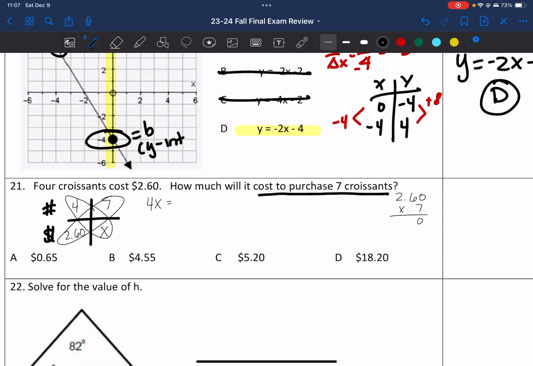6 times 7 is going to be 42. 2 times 7 is 14. Plus 4 is 18. So this is 18 and 20. So now we're going to divide by 4. I know that 4 times 4 is 16. 4 times 5 is 20.